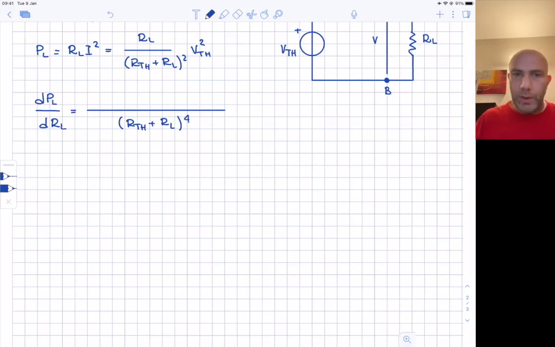Then at the numerator we have to put the denominator, RTH plus RL squared, times the derivative of the numerator, that is 1, minus the numerator, RL, times the derivative of the denominator, so 2 times RTH plus RL.